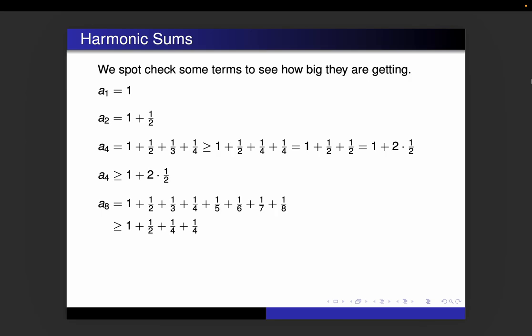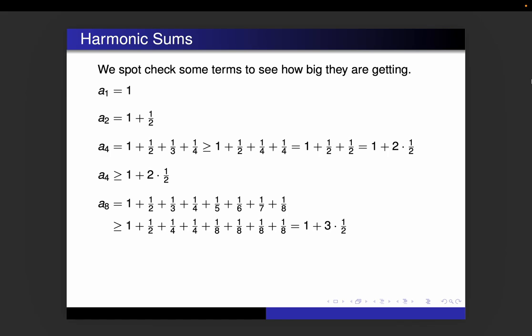And then when we turn the other four into 1/8, we get four of those. So notice that we have the 1/2 from the 1 + 1/2. Those two 1/4s make another 1/2. That's our second 1/2. And now we have four 1/8s. That gives us 4/8, which is yet another 1/2. So now we have 1 + 3 times 1/2.